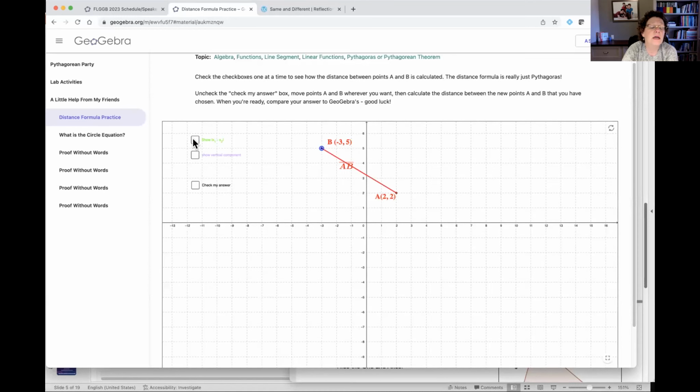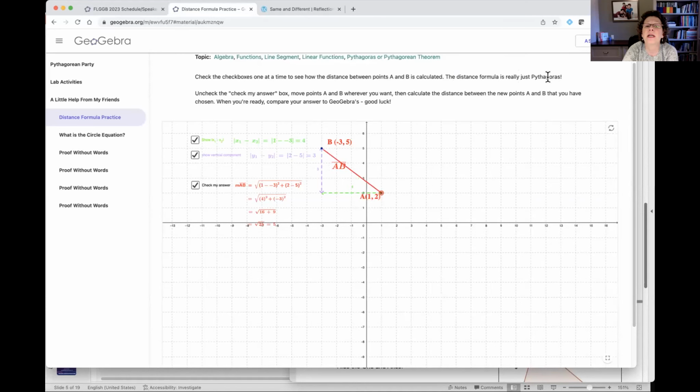And she has some checkboxes where you can show the X dimensions, show the Y dimensions. The students can figure out the distance. They can check their answer. So this is 3 and 5. Let me move this. There's 3 and 4, and all of a sudden we have 5. And she says right here, the distance formula is just really Pythagoras.